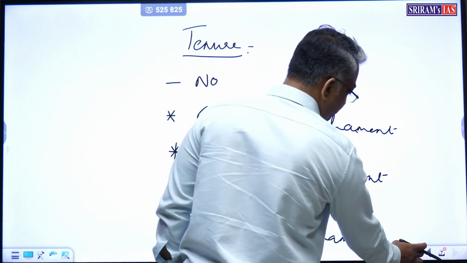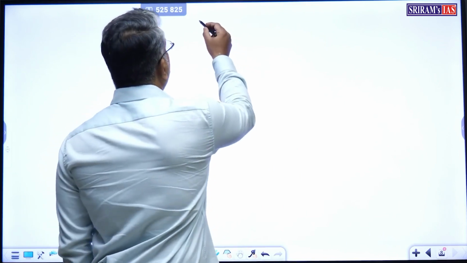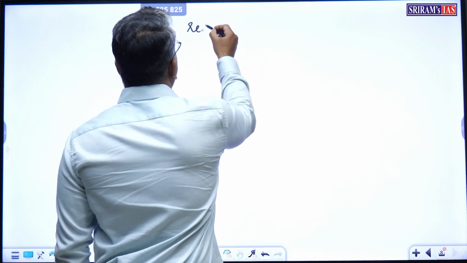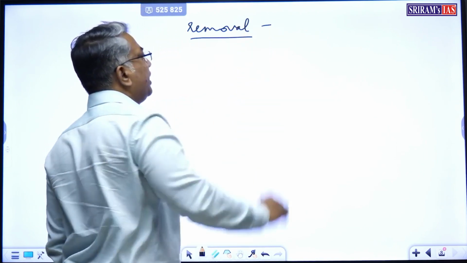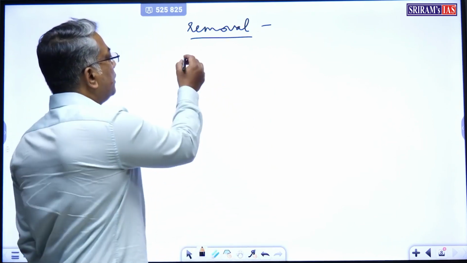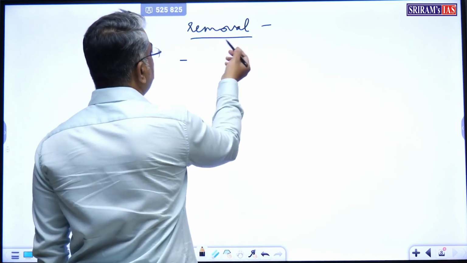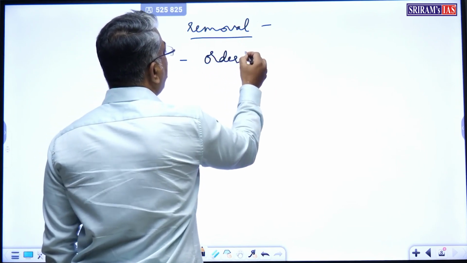Now, about the removal. We have already understood that he can be removed by the President. The judge of the Supreme Court can be removed by the order of the President.